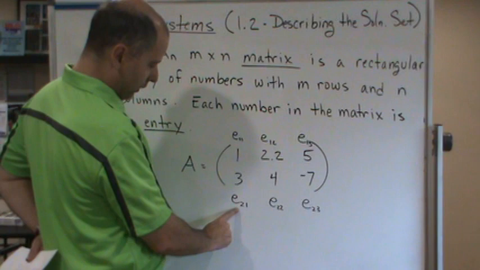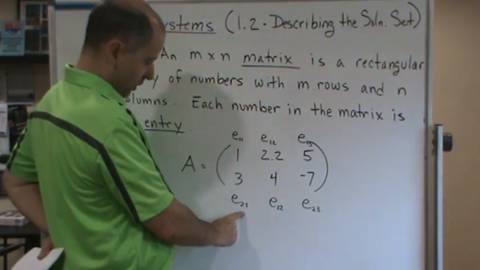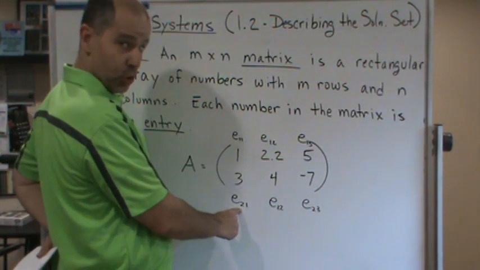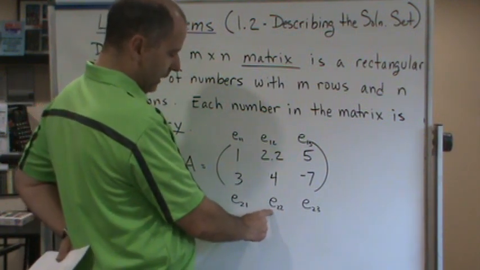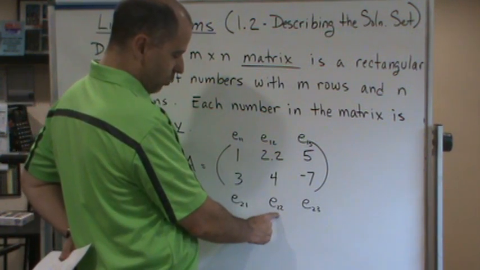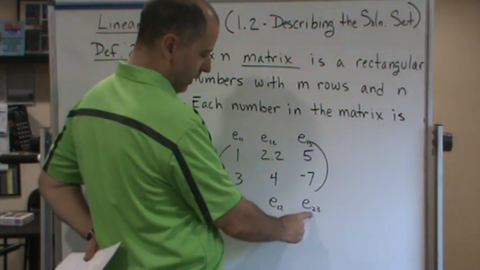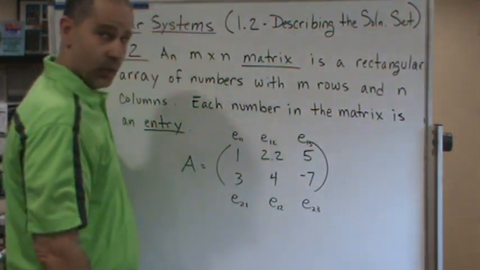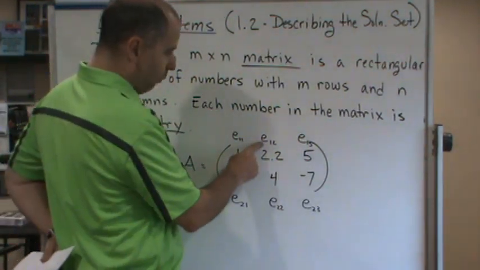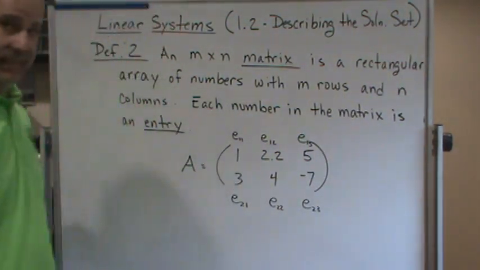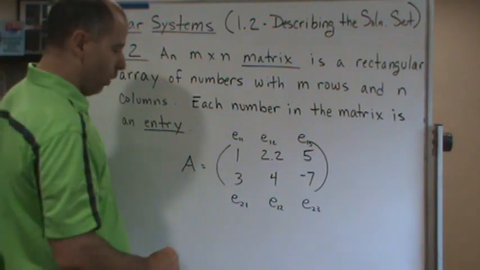And then down here we go to E21, which is row 2, column 1. And then E22 is row 2, column 2, and E23 is row 2, column 3. Now, notice that E12 is not necessarily the same as E21.